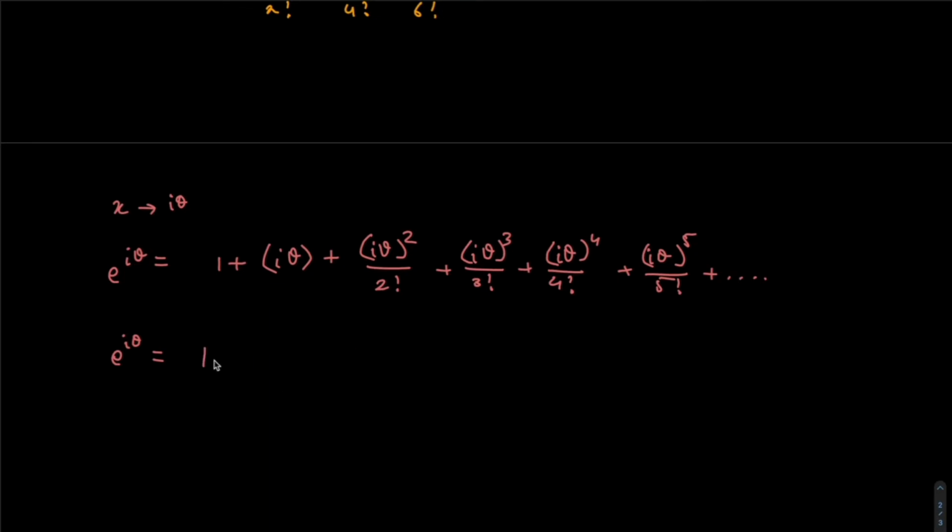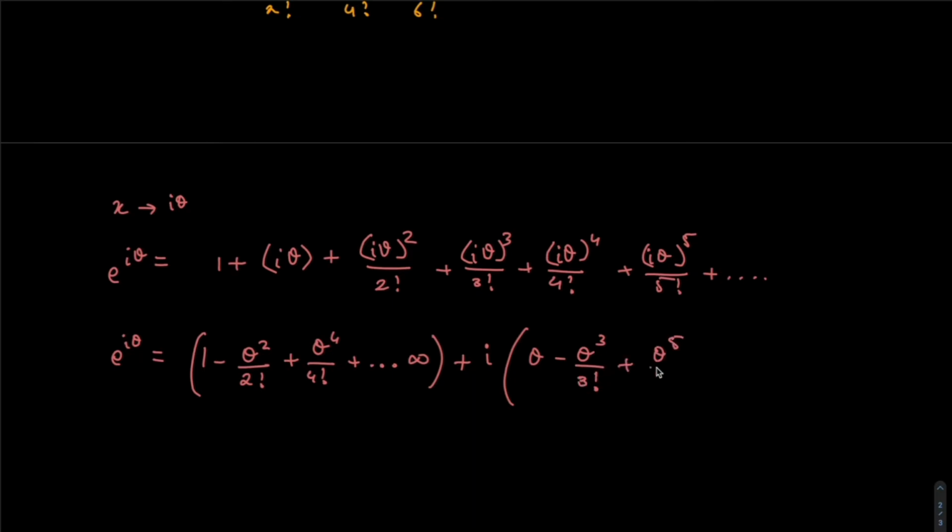So what we actually get is 1 minus theta squared by 2 factorial plus theta to the power 4 upon 4 factorial, and this kind of goes on to infinity, and then I close it off, and then I'm going to write iota, and then I'm going to have theta minus theta cubed upon 3 factorial plus theta to the power 5 upon 5 factorial plus all the way up to infinity.